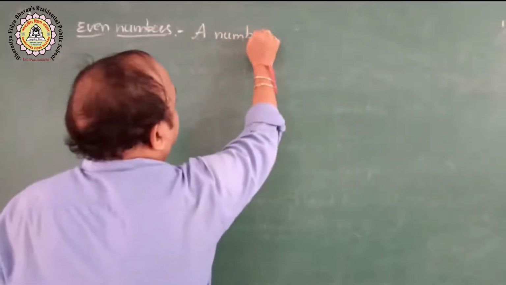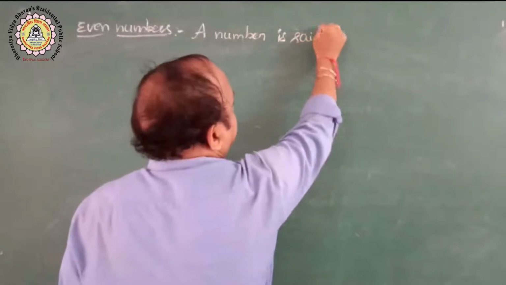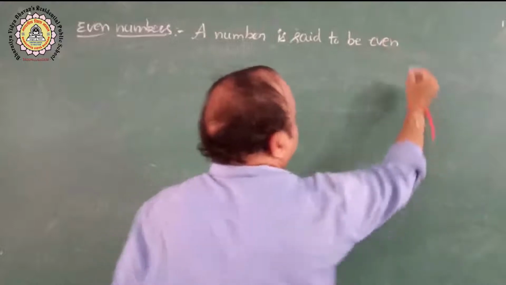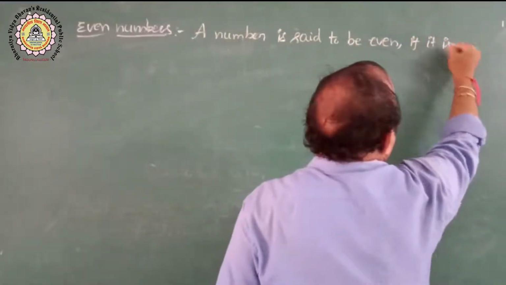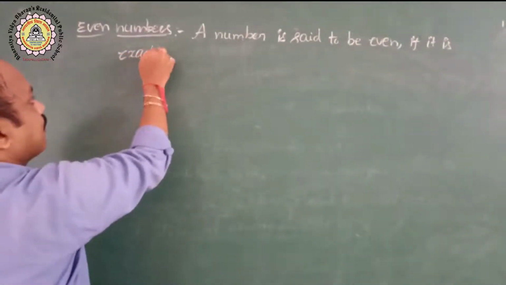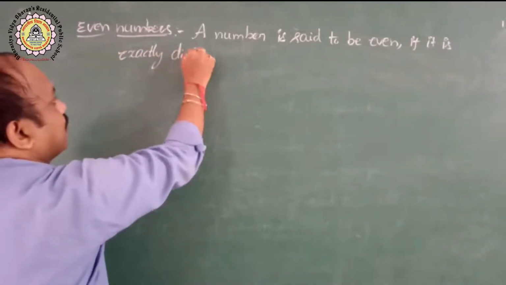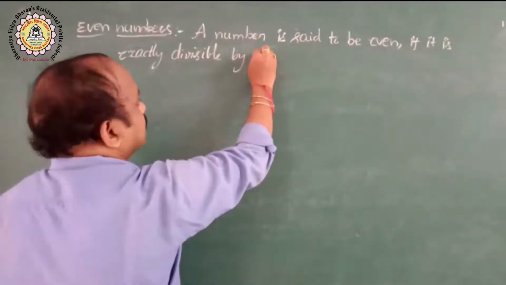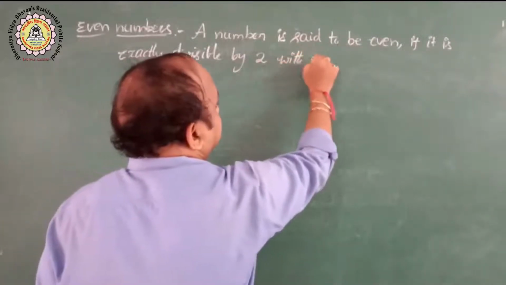A number is said to be even if it is exactly divisible by 2 with remainder 0.